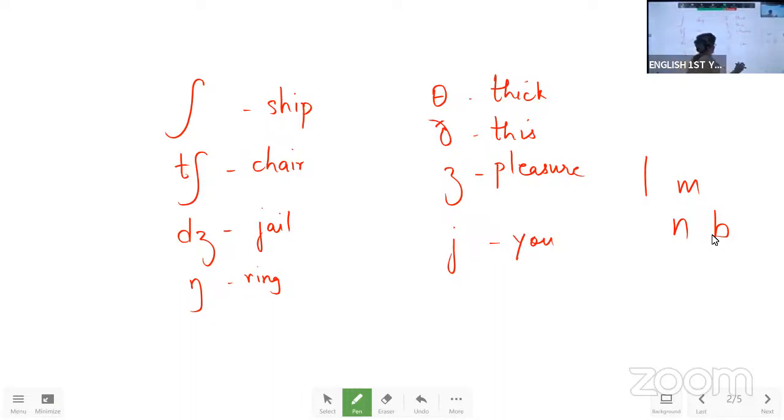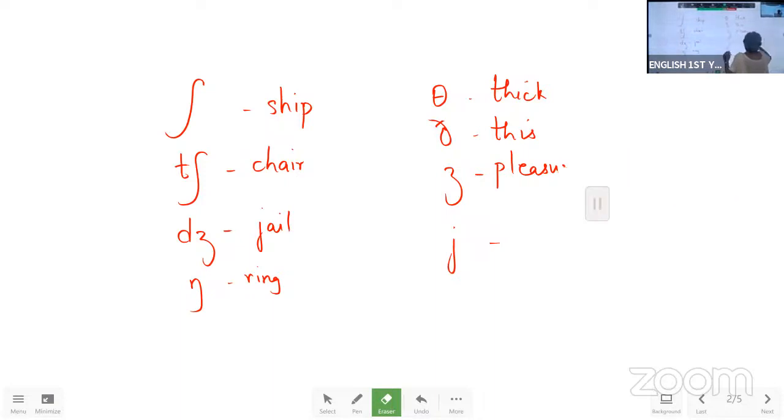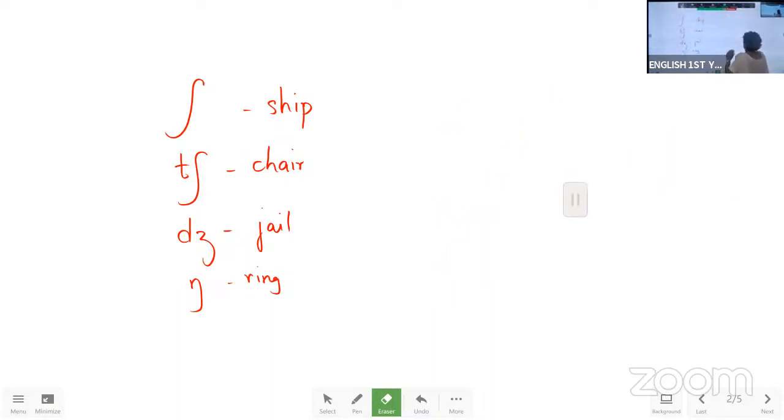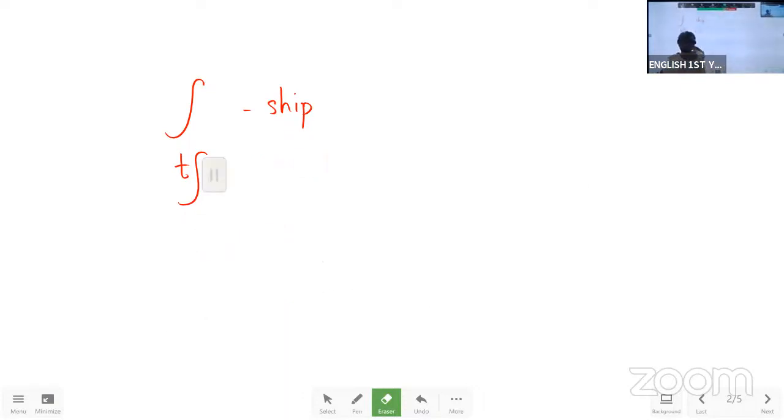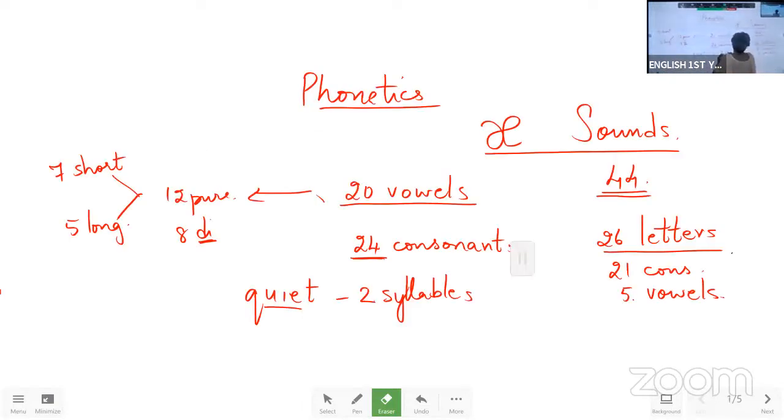It is very, very easy for you once you learn. And what you should do, like I already told you, download the sounds app. In Play Store, if you go, the word sounds is given. Consonants are easy to remember. It is the vowels that are difficult. So please download this app.